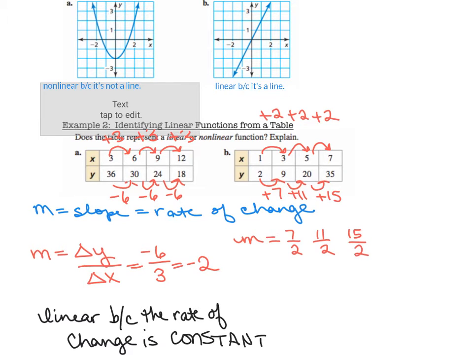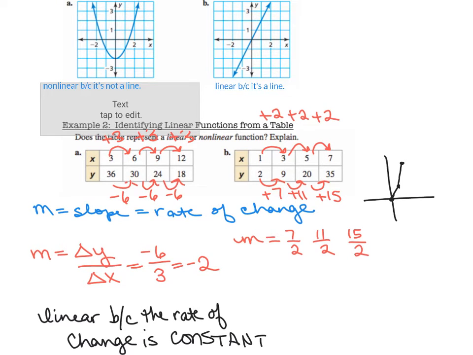So since the rate of change is not constant, that means if you were to graph this, and I'm not going to be perfect, but if we started here, if we went up 7 and then over 2, you could be right here. And then the next time you go up 11, so a little bit more than 7, and then over 2. So this part would be a little bit steeper. And then the next part would go up 15 and then over 2.